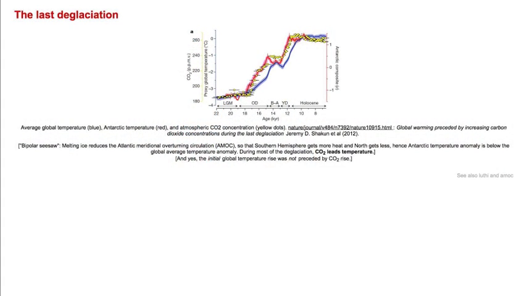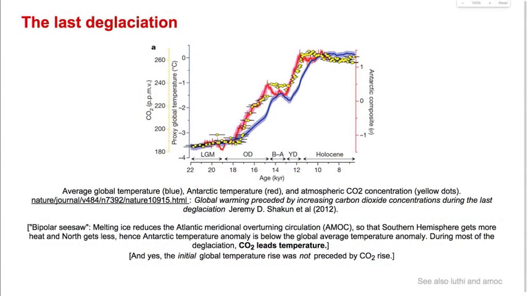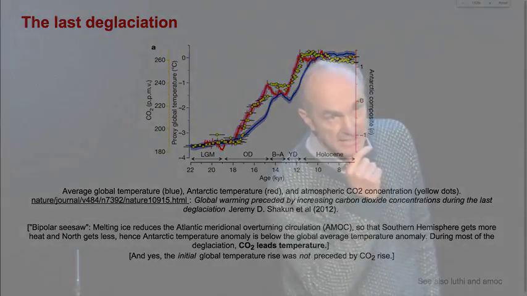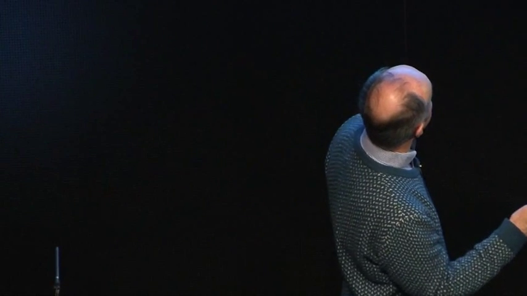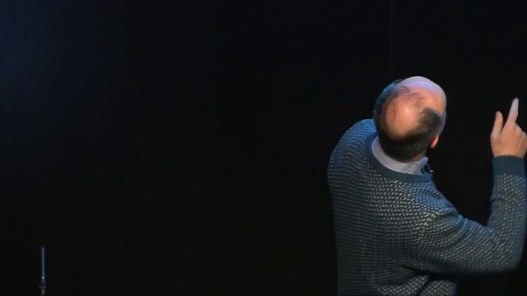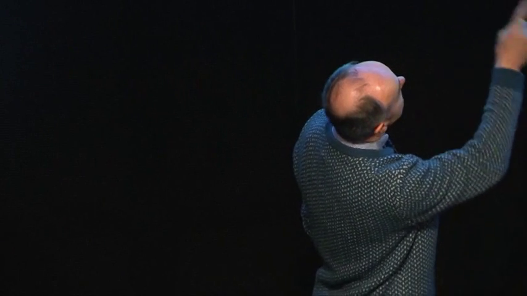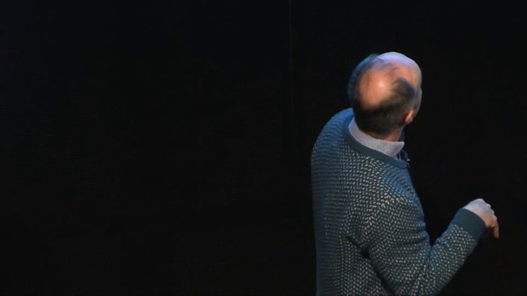There's a paper in Nature. Let's maybe zoom into this a little bit. There's a Nature paper, fairly recent, that's looked in more detail at what happened in the last glaciation, because what the data from Antarctica shows, which is the red is Antarctica temperature, and the yellow dots are the atmospheric CO2 in Antarctica.